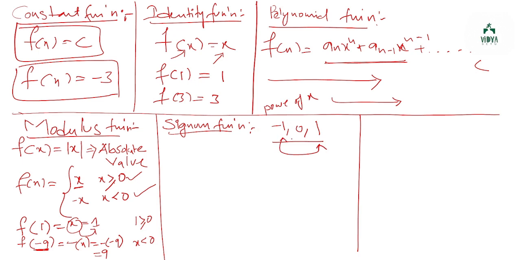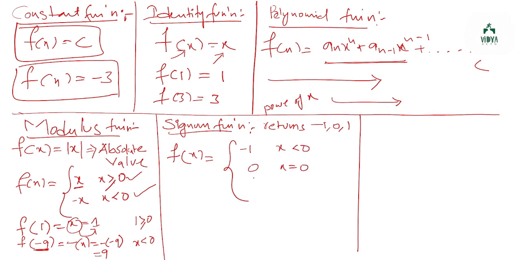For example, f of x is equal to, the signum function definition I'm writing here. It returns minus 1 when x is less than 0, 0 when x is equal to 0, plus 1 when x is greater than 0.